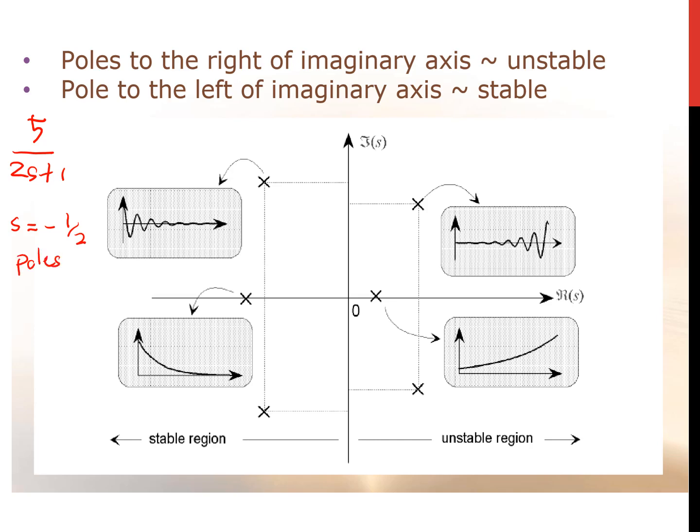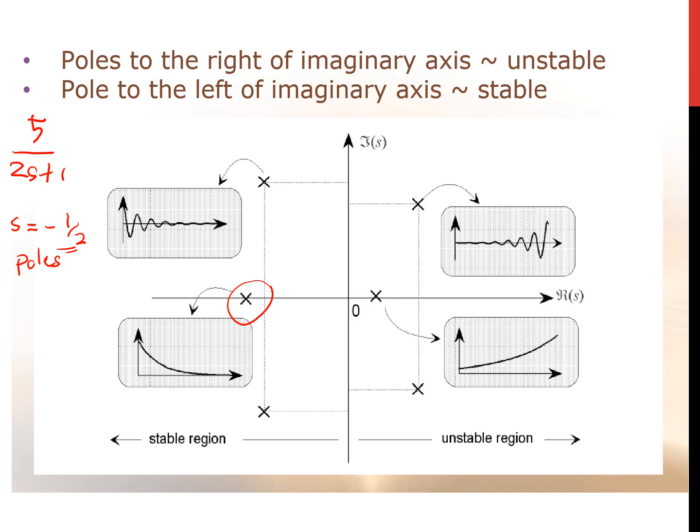The location of negative 1 over 2 on this axis is on this part, so it becomes stable. Whenever you have a negative root, it becomes stable. If you have a positive root, then it becomes unstable.